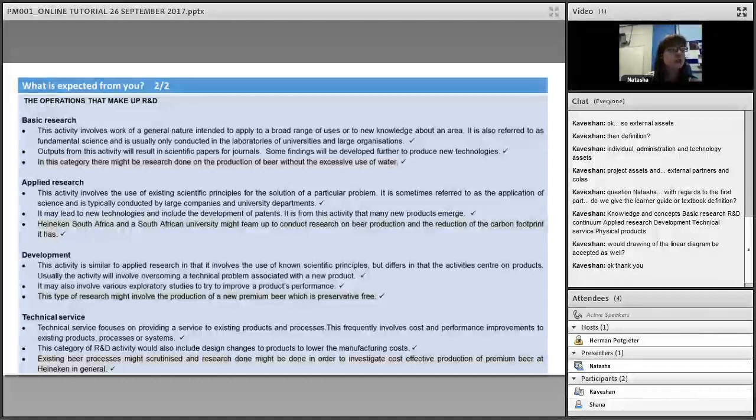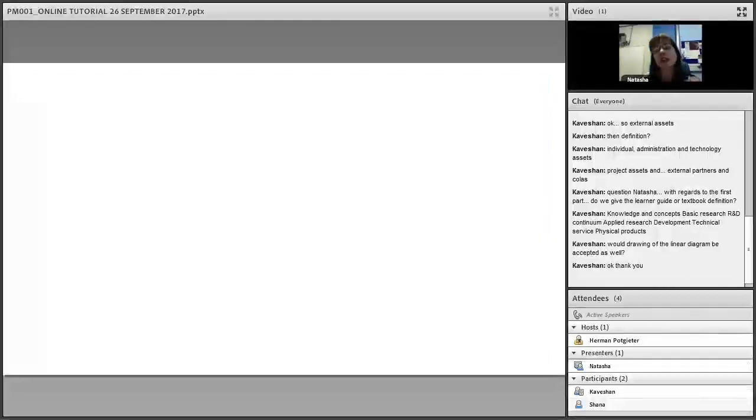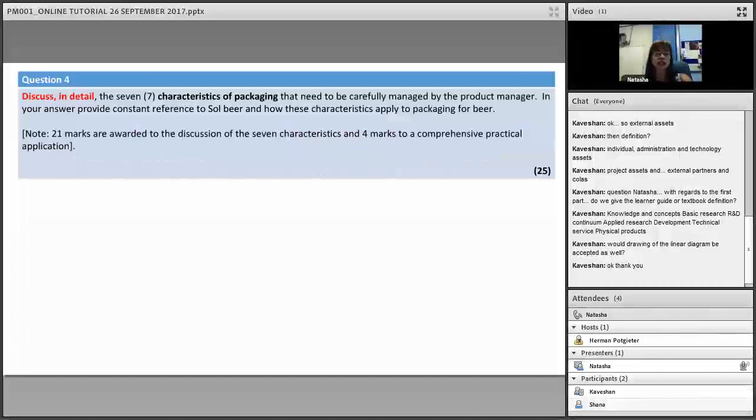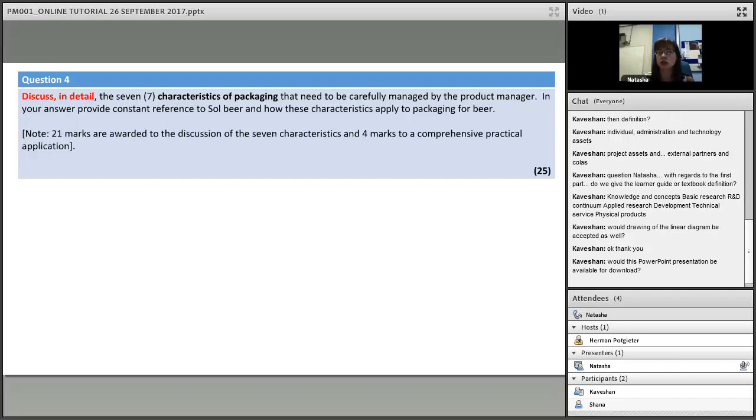I'm not going to go through too much detail. You have this. But like I said, be creative in what you give as the practical application. You don't need to be all serious about it. We all cool? Brilliant.